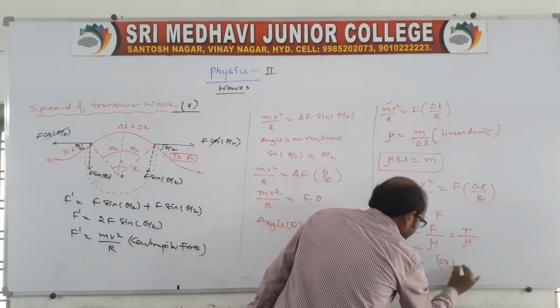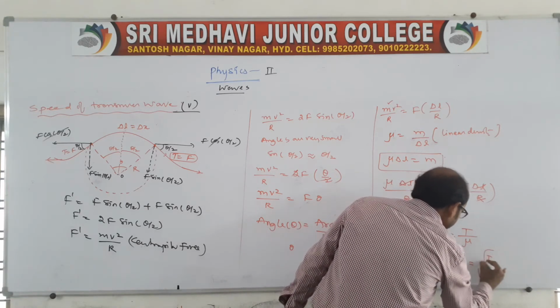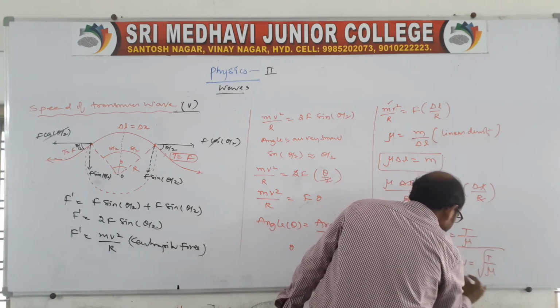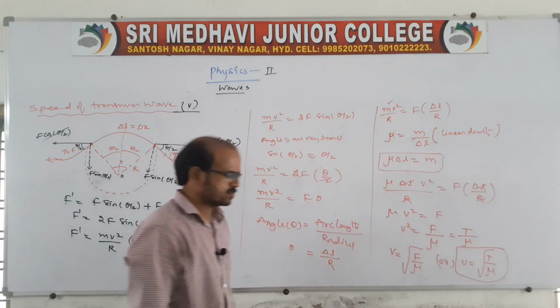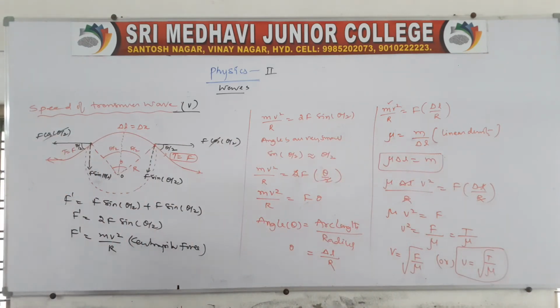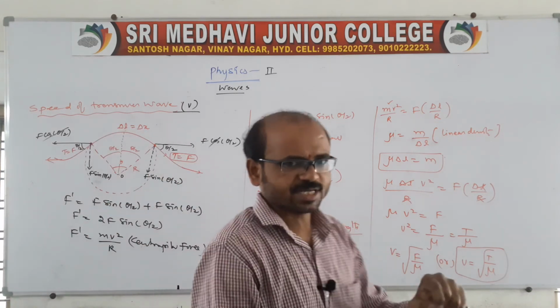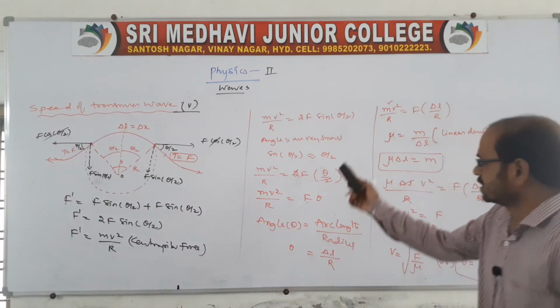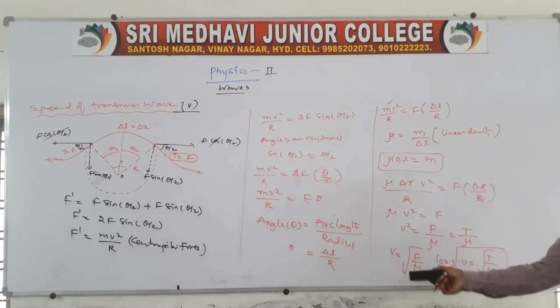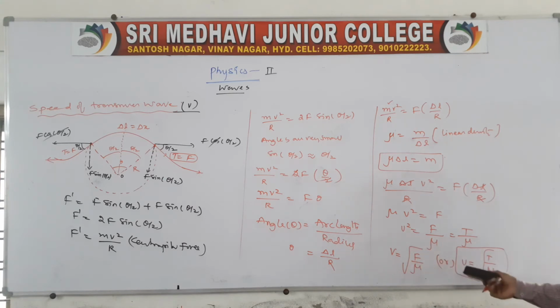Instead of f we can also take t, so we can write t by mu also, no problem. T is the tension, or f is the force, and mu is the linear density. This is the expression for the speed of transverse waves in a stretched string. The final formula is v is equal to root over f by mu, or v is equal to root over t by mu.